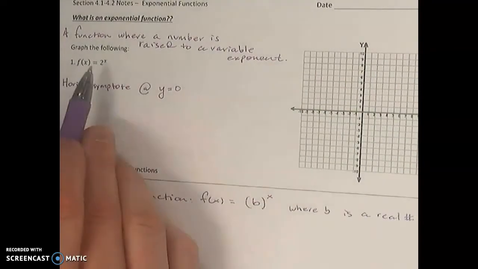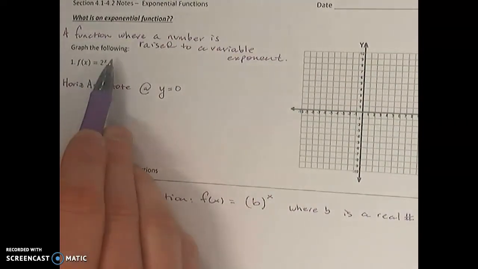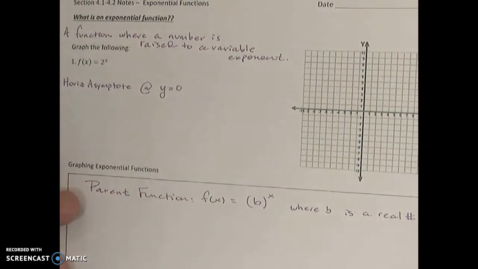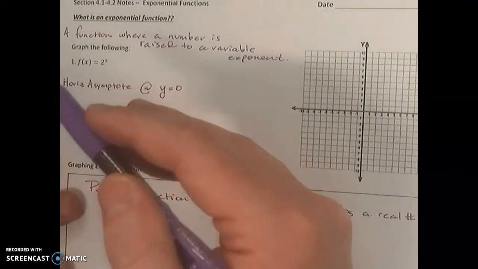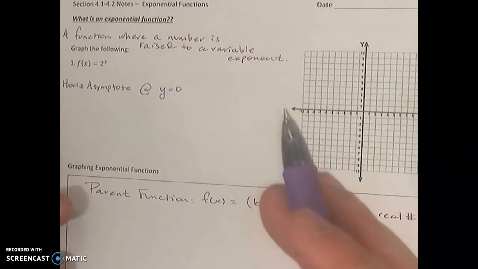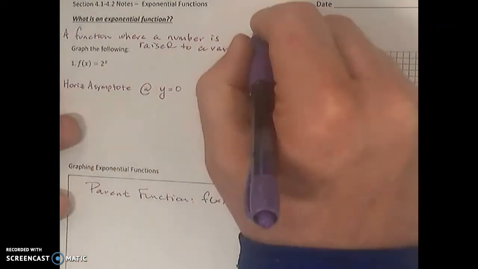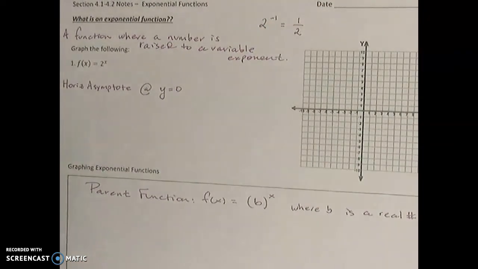Okay, if I start plugging in numbers for exponents, positive exponents are going to make that number get bigger and bigger. Negative exponents don't make this term negative. Remember from Algebra 2, when you raise a number to a negative exponent, it's just the reciprocal, okay? So for instance, 2 to the negative first is positive 1/2. It does not become negative, okay?